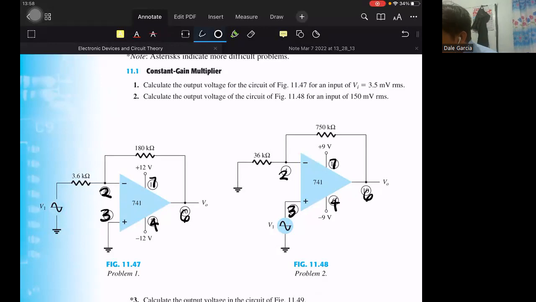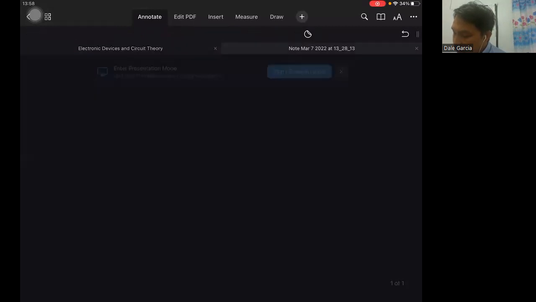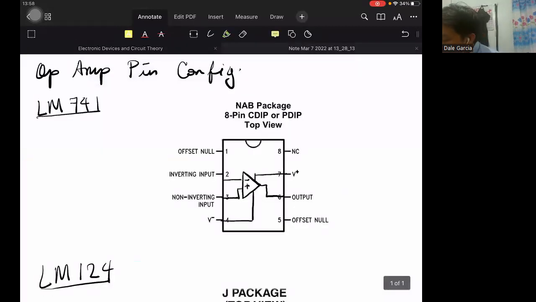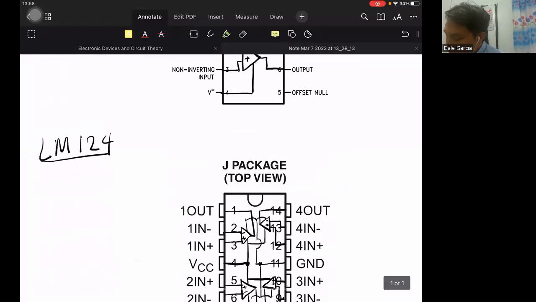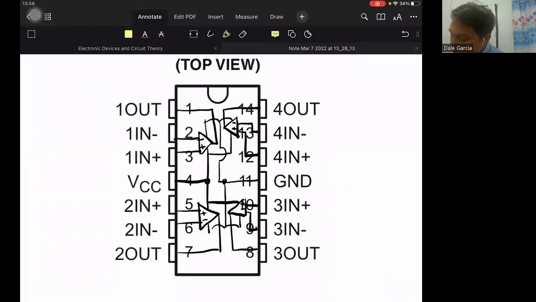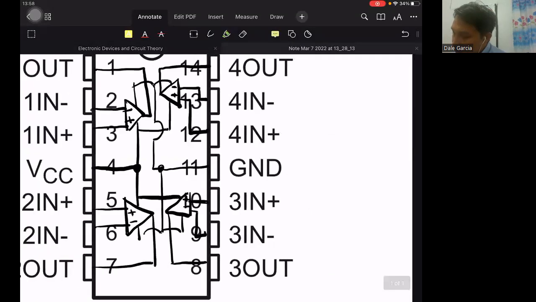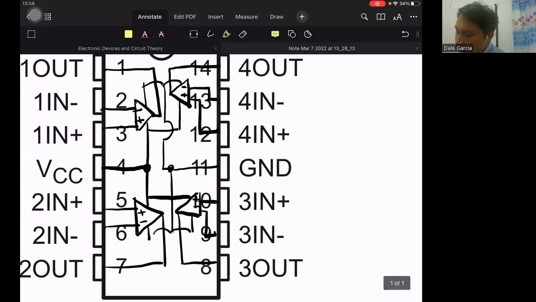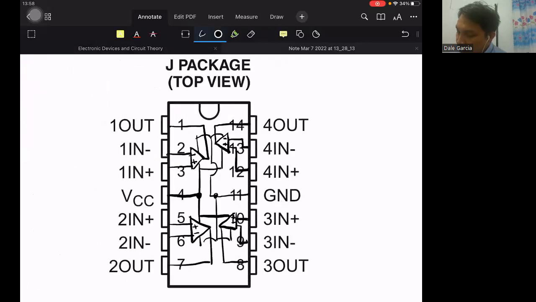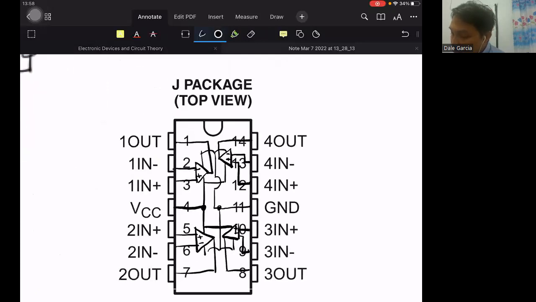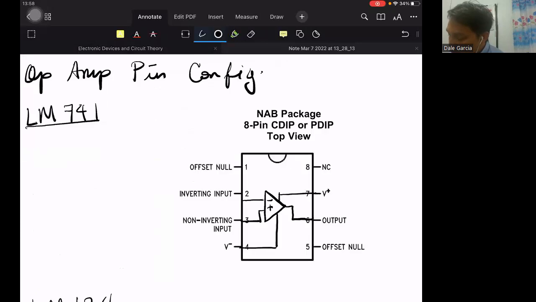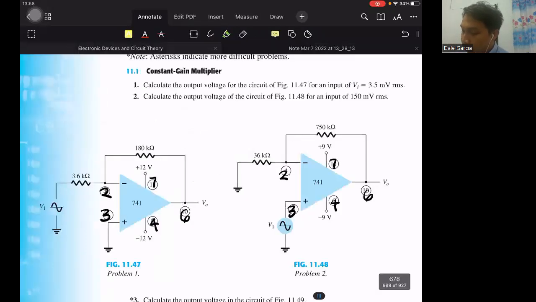Yet they put pin 10 as the output. Anyway, we'll just stick to what we know, which is the proper pin configuration of the 741.